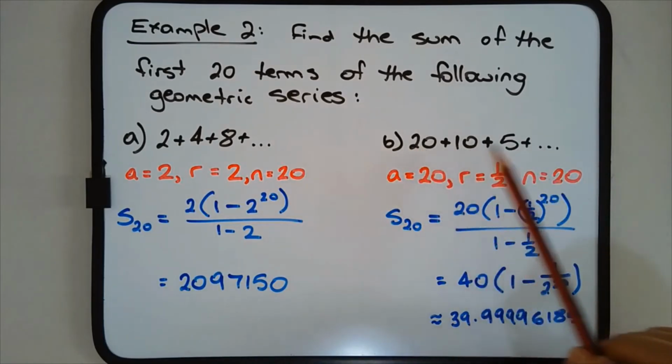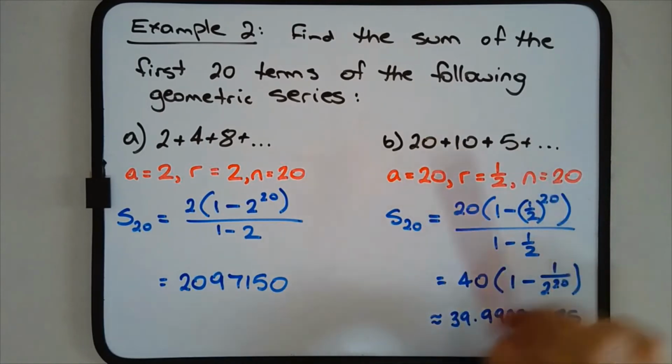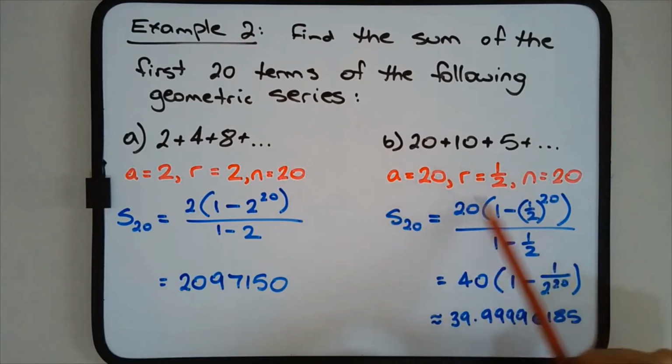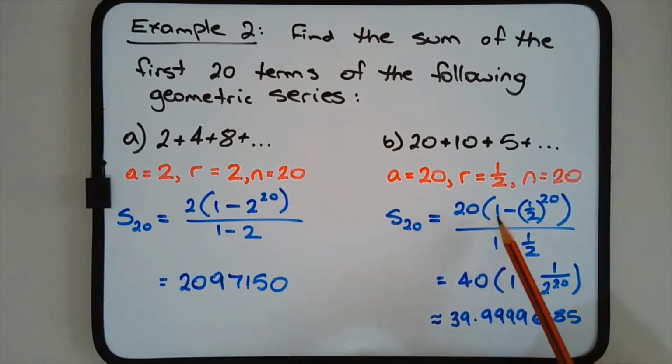Let's have a look at part B. 20 plus 10 plus 5 plus ... Now with this geometric series, a equals 20, common ratio is half, and n equals 20. So S20 is equal to 20 outside of 1 minus half to the power of 20 all over 1 minus half, and that equals 40 outside of 1 minus 1 over 2 to the power of 20, and that's roughly equal to 39.99996185.